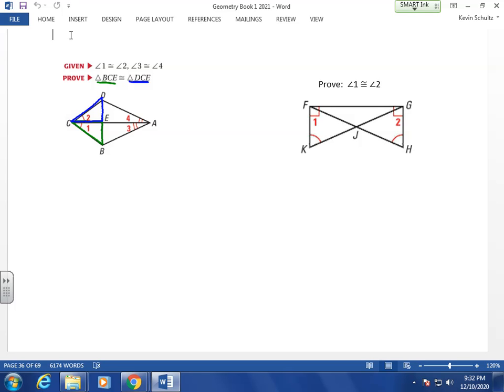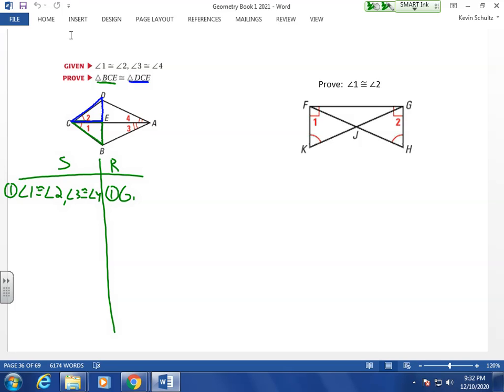I just got to get that third part to say that those triangles are congruent. So statements, reason, number 1, angle 1 congruent to angle 2, angle 3, I'm going to scoosh it in here, congruent to angle 4, and this time it is a given statement. Okay.